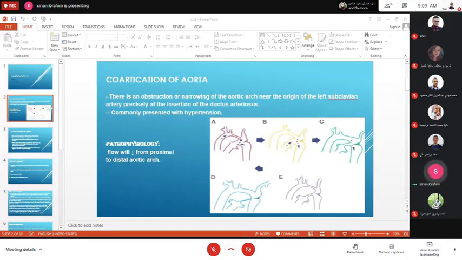Mitral valve abnormality may also be associated with coarctation of the aorta, including parachute mitral valve or supravalvular mitral ring, and subaortic stenosis is also an associated abnormality. When this group of left-sided obstructive lesions occurs together, we call it Shone complex. These patients come to us with coarctation of the aorta, aortic stenosis, parachute mitral valve or supravalvular mitral ring.